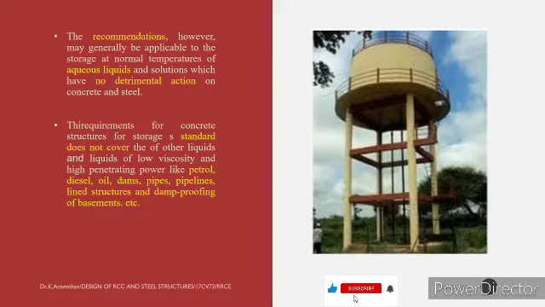All the other liquids have their own guidelines which are different from retaining water in a water tank. And for an overhead water tank, that is RCC staging for an overhead water tank, a specific code is given, that is IS 11682, which should be followed.